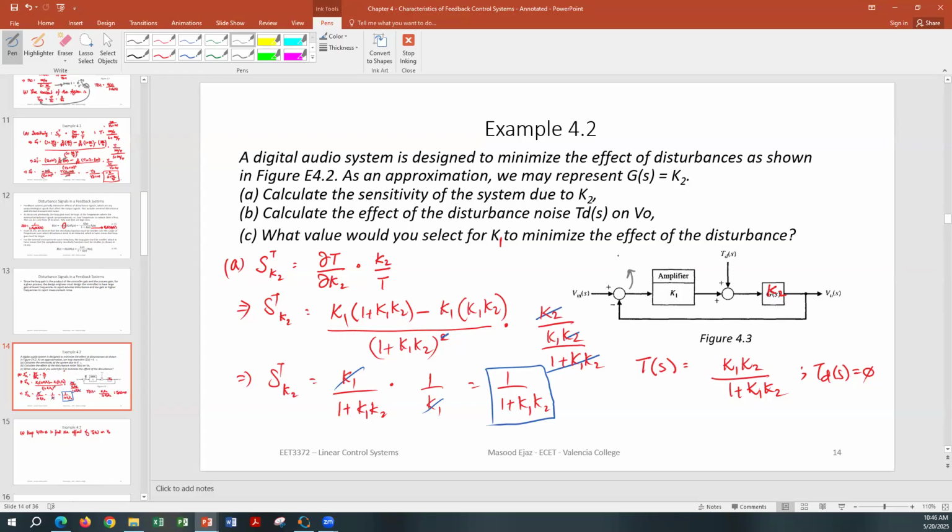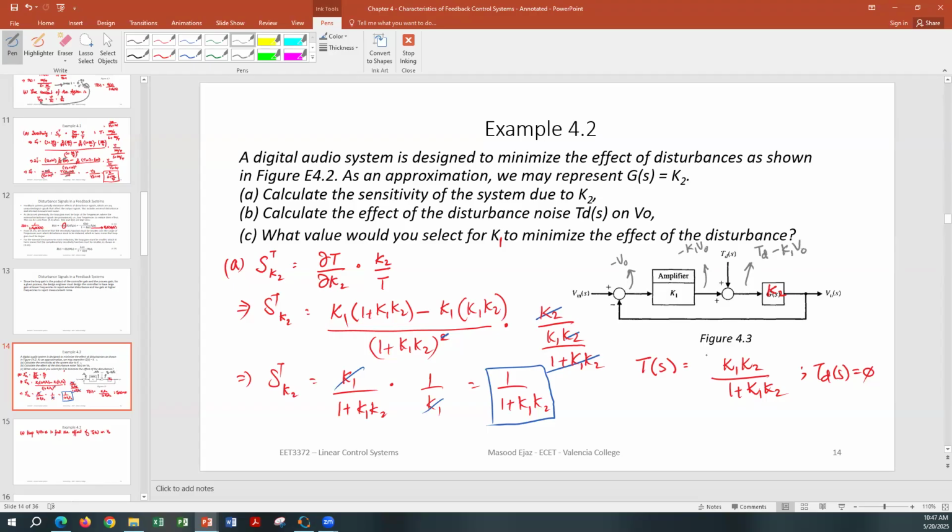Say negative V output S. All right, and then you're going to have multiplied by the gain of the controller, K1, negative K1 V output. That's going to be added into the disturbance. So TD minus K1 V out.